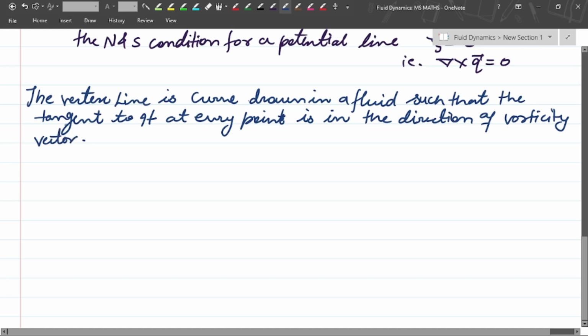This is the definition of the vortex line. The components of the vorticity vector are xi vector equals xi1, xi2, and xi3.